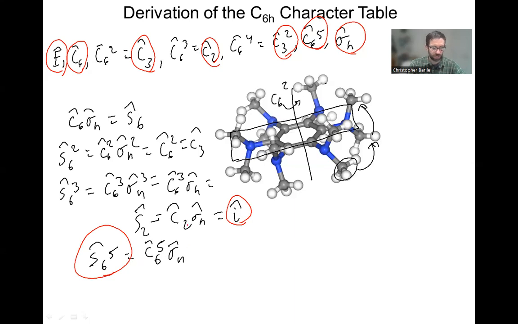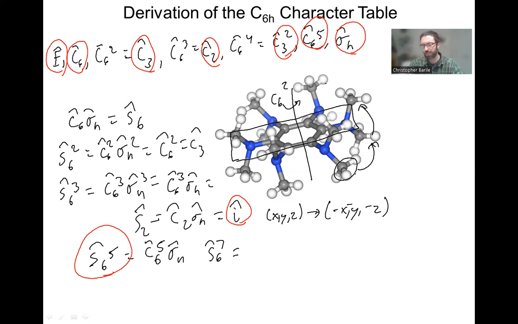Then we can just keep marching along. S6 6 times we don't have to worry about because that's even. What about S6 7 times? By the way, the definition of inversion is that any arbitrary point x, y, z goes to negative x, negative y, negative z. You can check that that's true here.